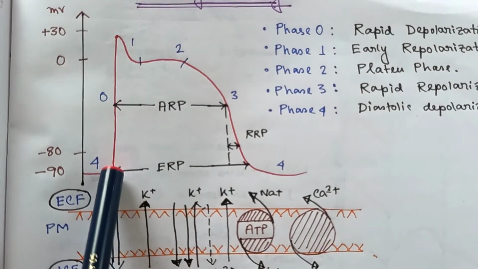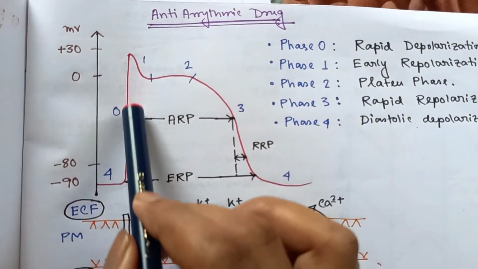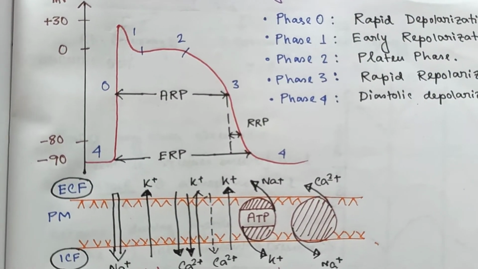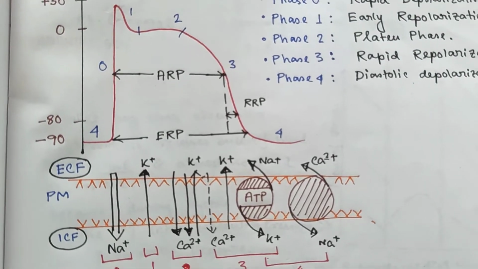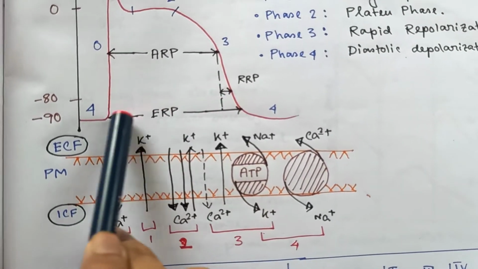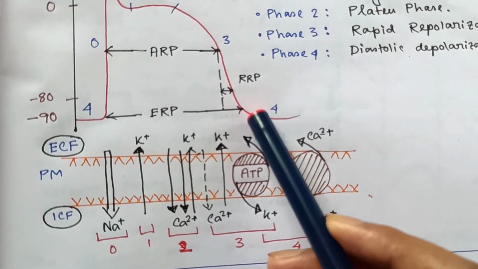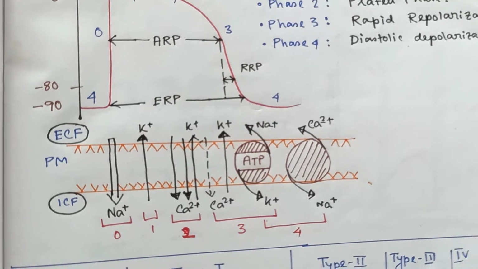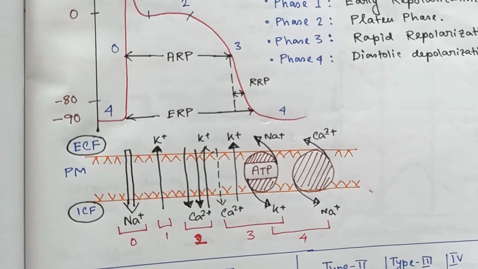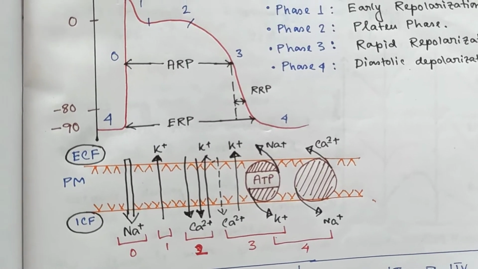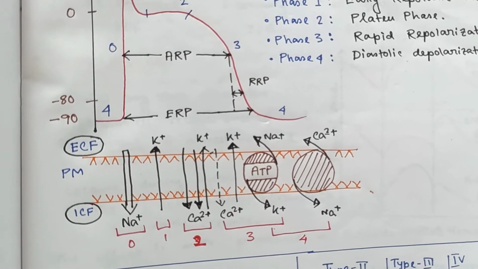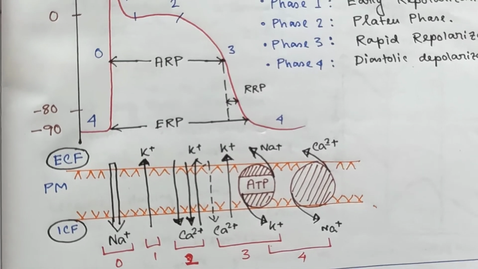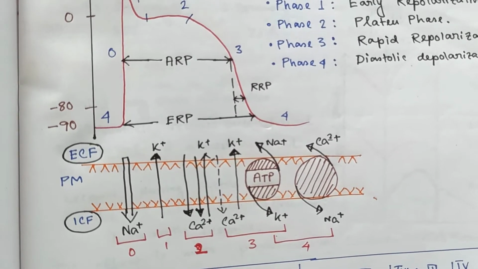In this case 1A drugs slow the rise of phase 0 or rapid depolarization, thereby they also increase the effective refractory period and prolong the action potential duration. So this group of drugs are used in some conditions like ventricular tachycardia mainly, and they include quinidine, procainamide, disopyramide, etc.